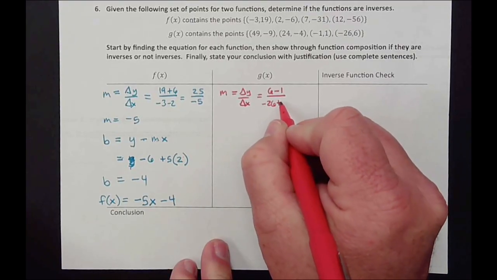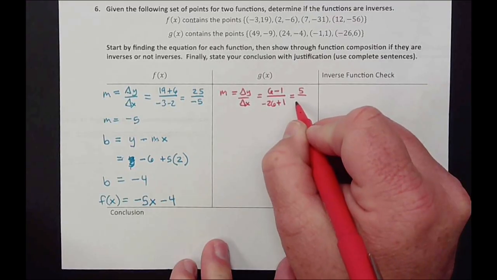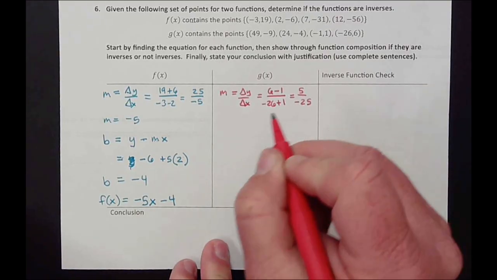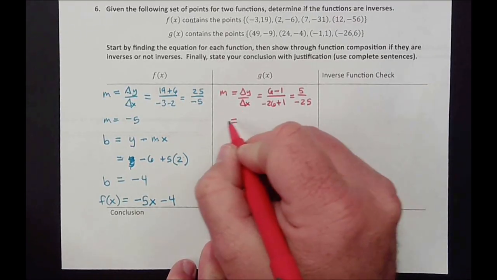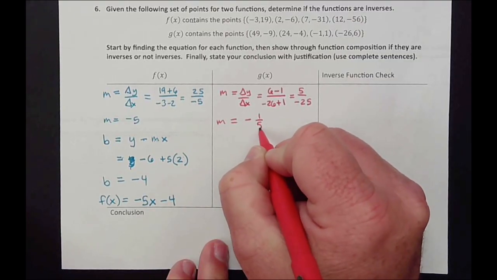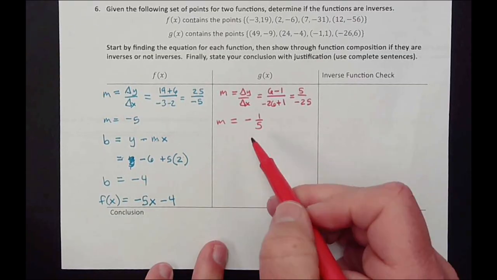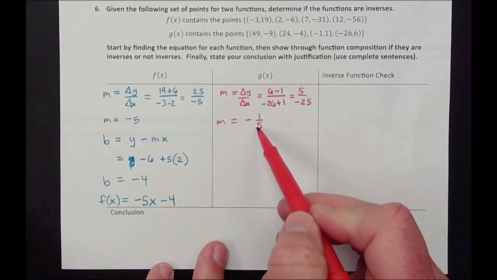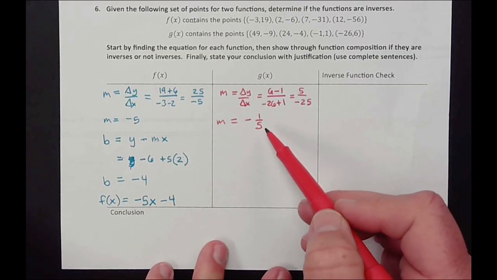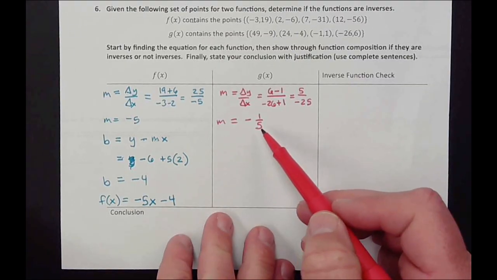So in other words, -26 plus 1. This gives me 5 over -25, so this simplifies down to -1/5. One thing to note is these are reciprocals of each other, and that is one of the key indicators that this is most likely or possibly inverse functions.